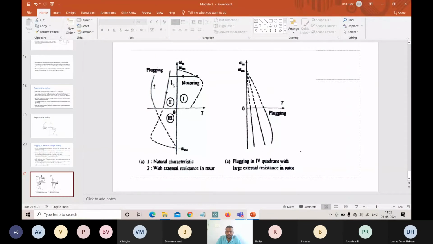We need to apply the brake, bring the motor to 0 or nearest to 0 speed and reverse the direction. When we are going to reverse the direction, the torque is not 0 at 0 speed. So this is about the reverse voltage braking or plugging.